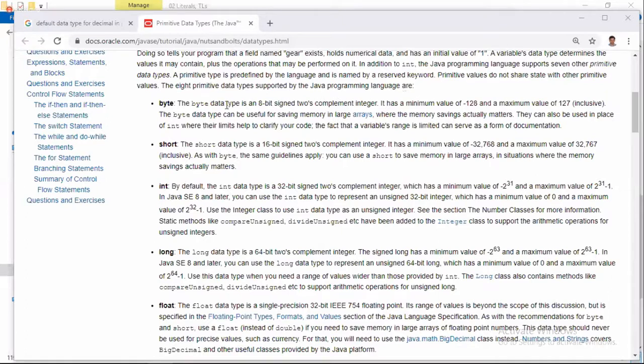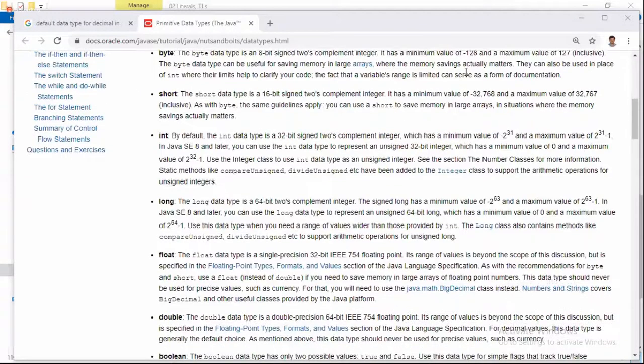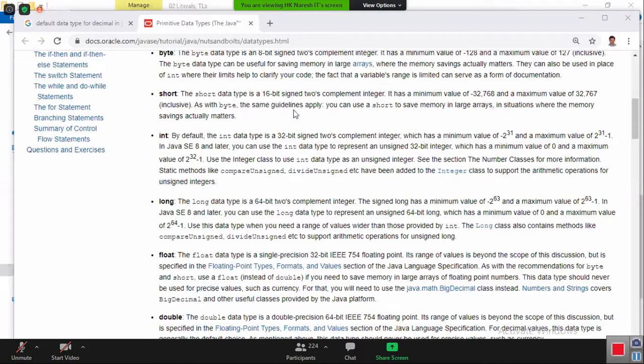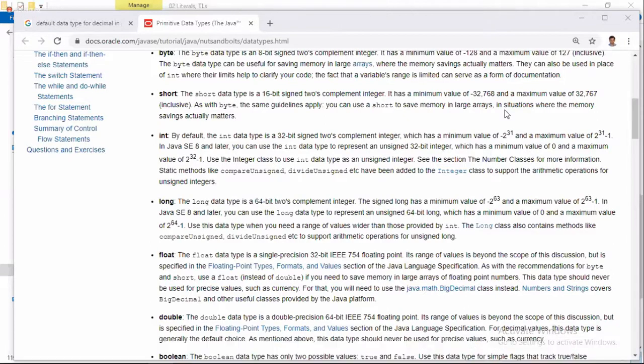The byte data type is an 8-bit signed two's complement integer. Byte can be used to save memory in large arrays where the memory savings actually matter. The short data type is a 16-bit signed integer; the same guidelines apply. You can use short to save memory in large arrays where the savings actually matter.